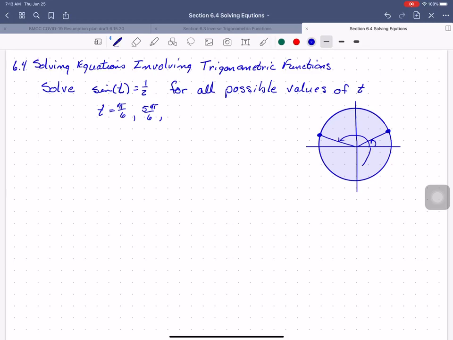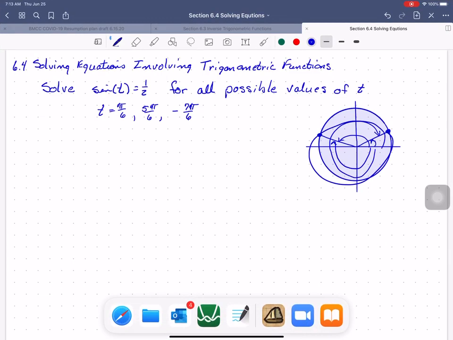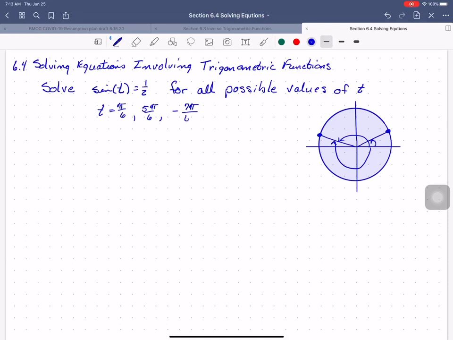I can go this way and get a negative. What would that be? Negative 7 pi over 6. I could keep going around this way, and I can go around more than once. In other words, there's a lot of different ways I can get to points on my unit circle that have sines of 1/2.